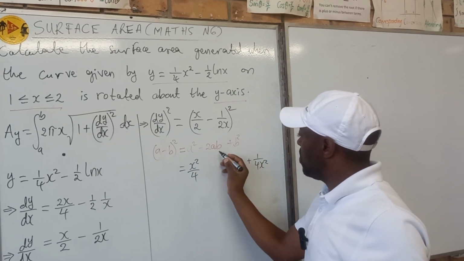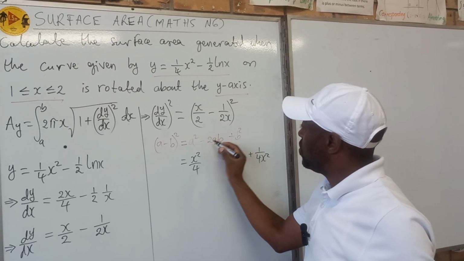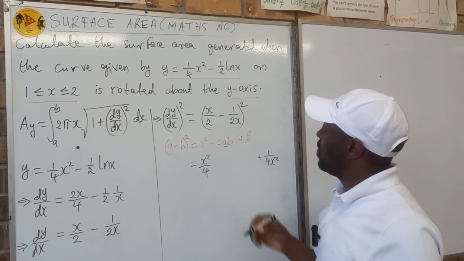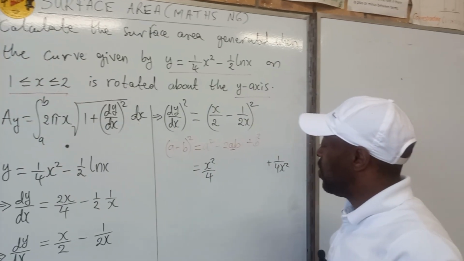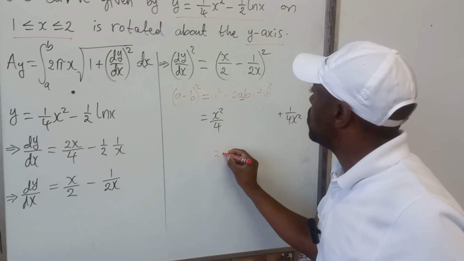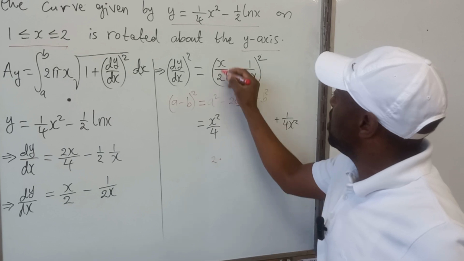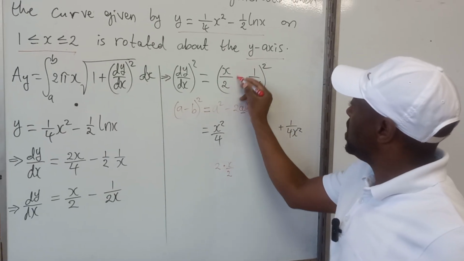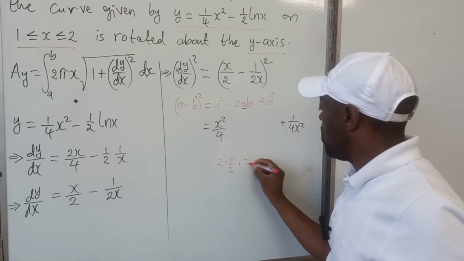Then for the middle term, you look at the way it is written. The 2 there is the power, a is the x over 2, b is the 1/2x. So if I want to take my time and do that, it means I'm taking my power, which is a 2, I multiply by a, which is x over 2, I multiply by b, my b is negative 1/2x.